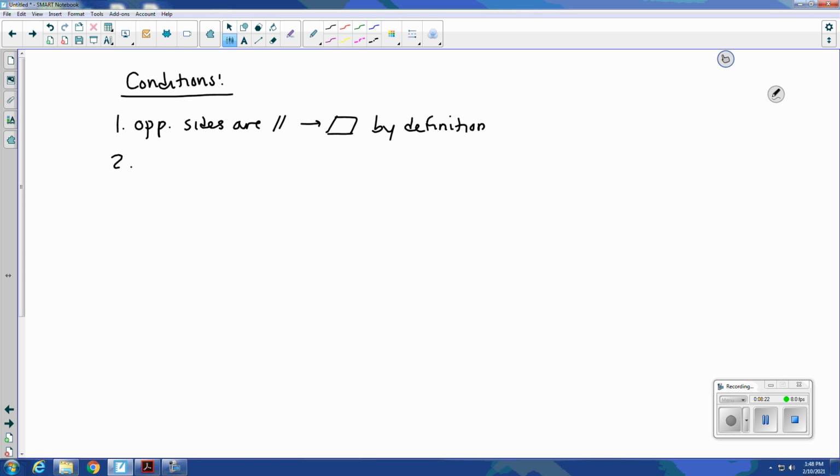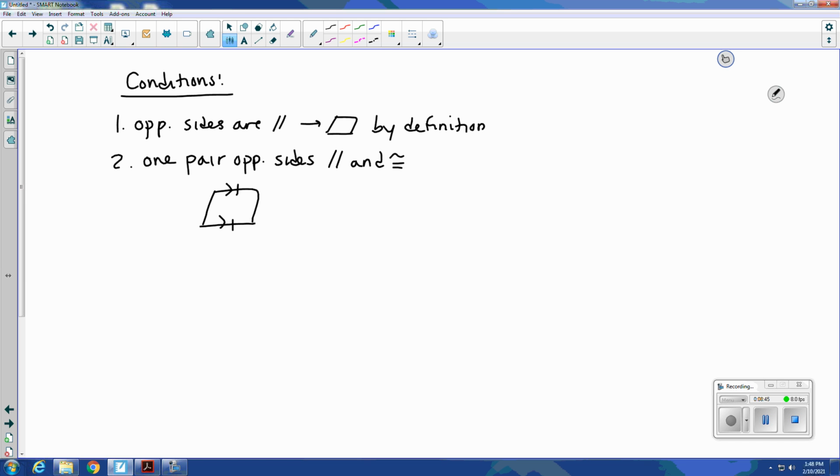But let's look at some other properties that must be true. One pair of opposite sides are parallel and congruent. So imagine if we have some quadrilateral and we see that opposite sides are parallel and congruent.